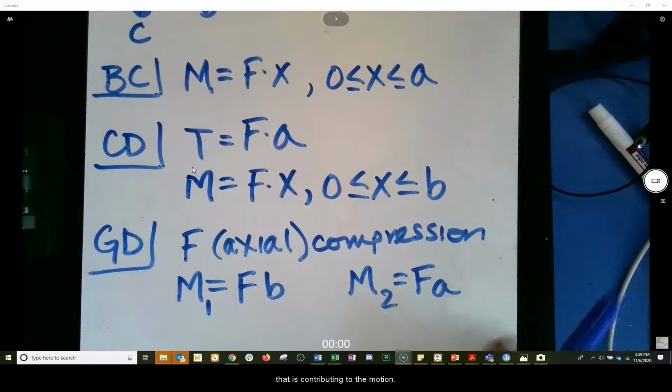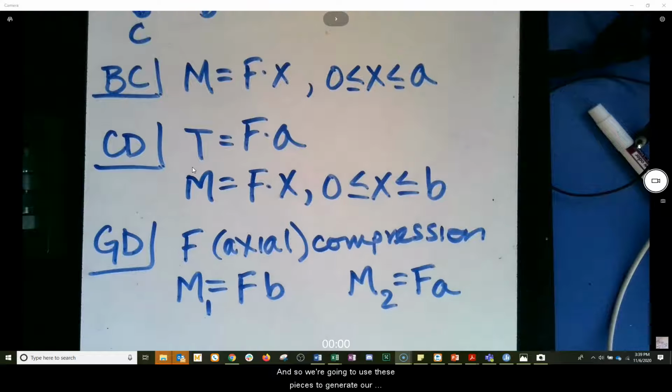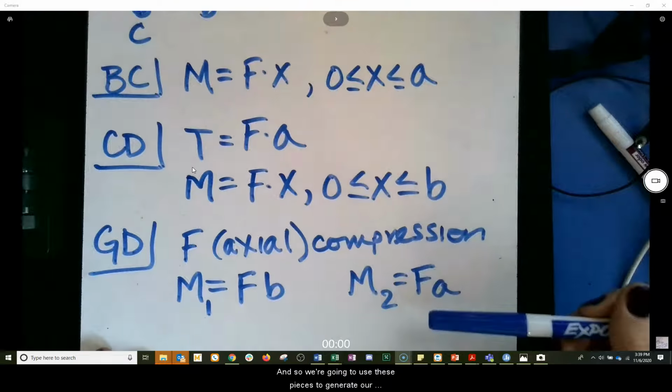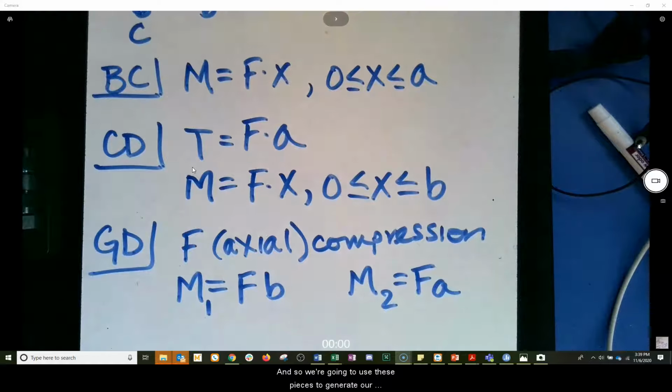All of that is contributing to the motion of point B. We're going to use these pieces to generate our deflection statements, 1, 2, 3, 4, and then 5 deflection statements to ultimately sum up to the deflection of point B.